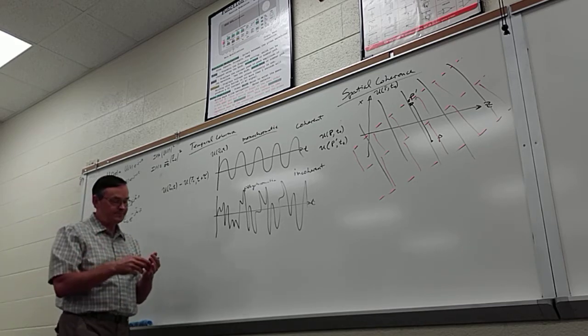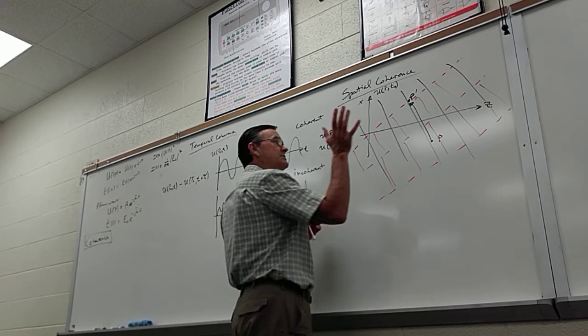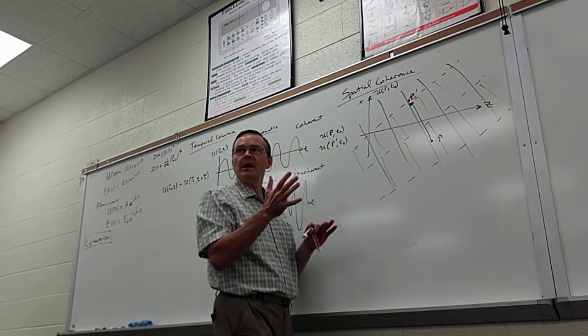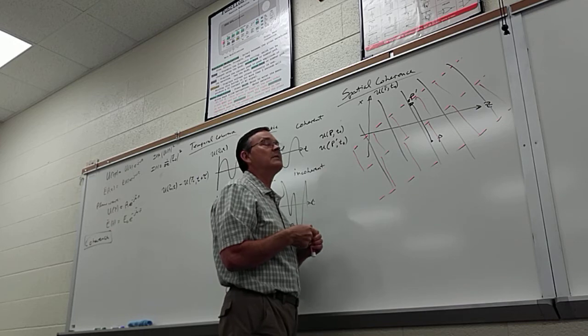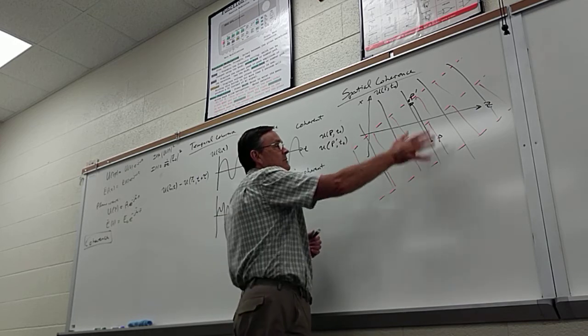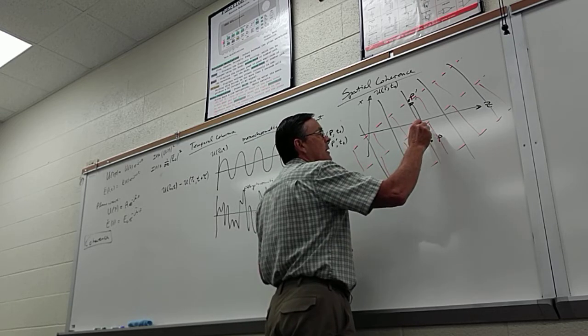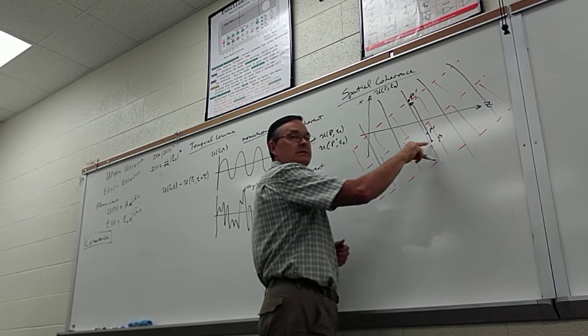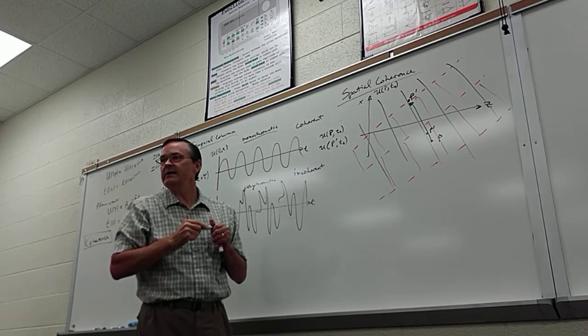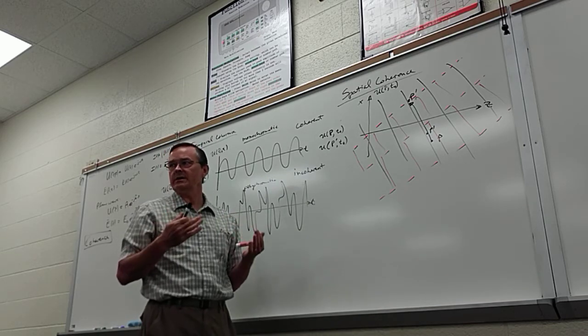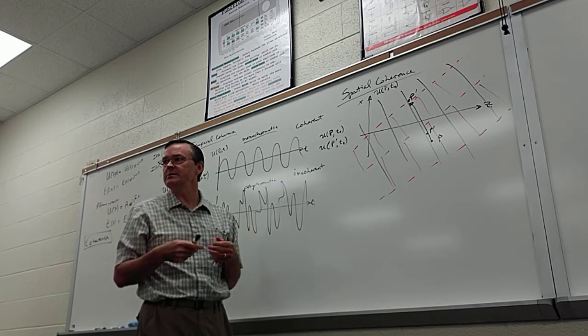Then, if you take your shifted wavefronts like this and let P prime be pretty close to this one, then you're still gonna have spatial coherence. They're still gonna be correlated. There's gonna be a functional relationship between them.